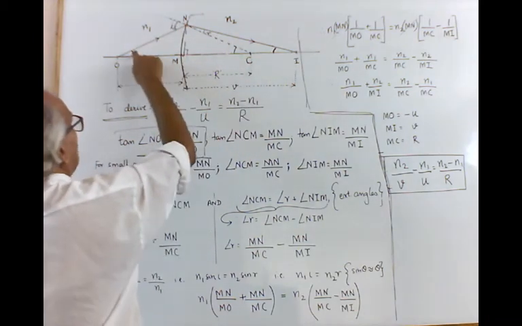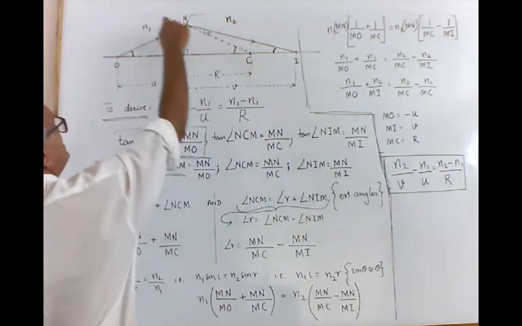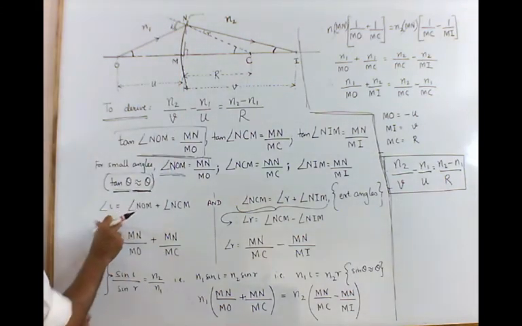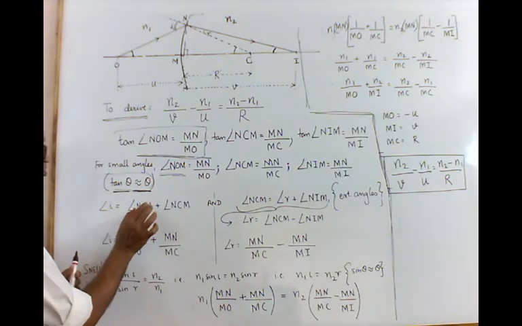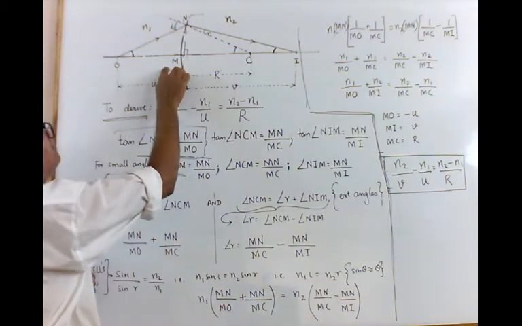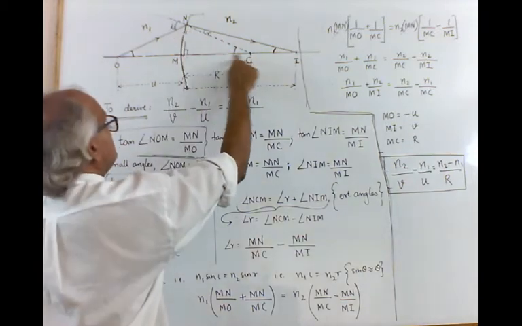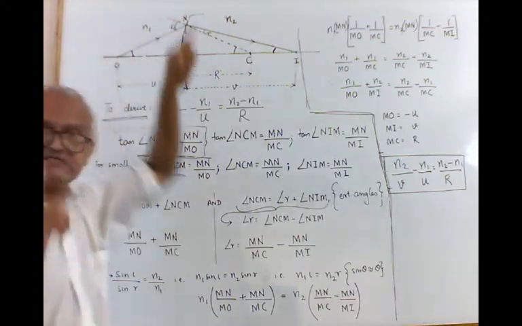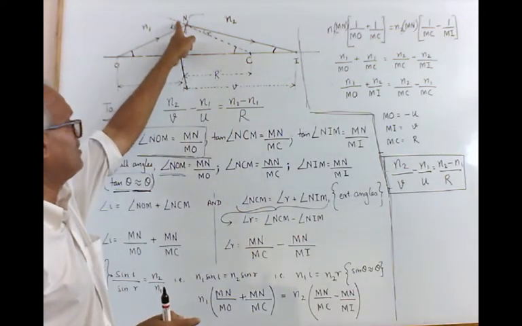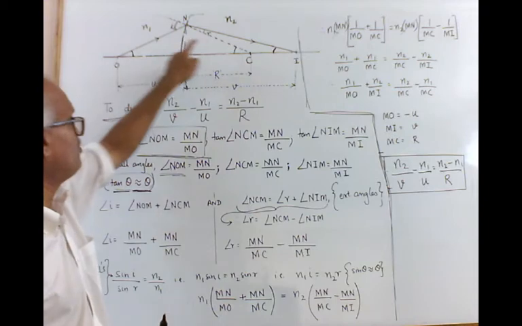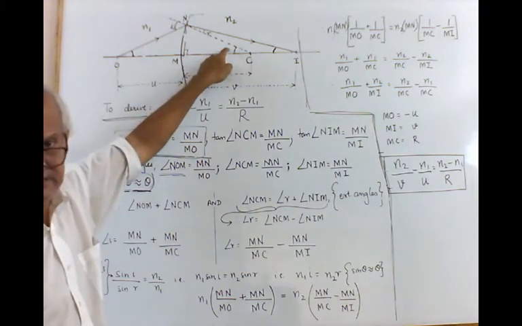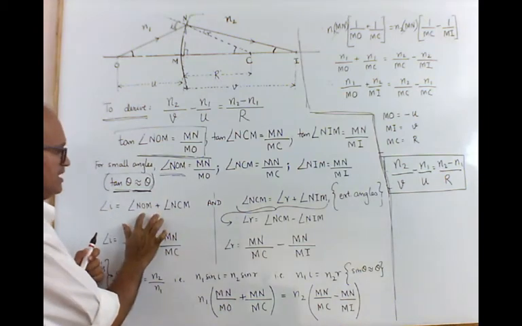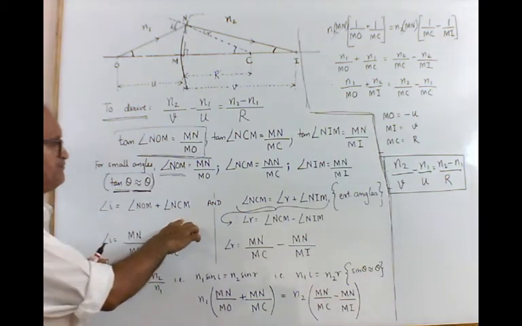These two interior angles, their sum will be equal to this one exterior angle, and that is what we have written over here: angle I is equal to angle NOM plus angle NCM. The reason is that I is an exterior angle, and the exterior angle at any given vertex of a triangle is equal to the sum of the other two interior angles. On this basis we get angle I is equal to angle NOM plus angle NCM.